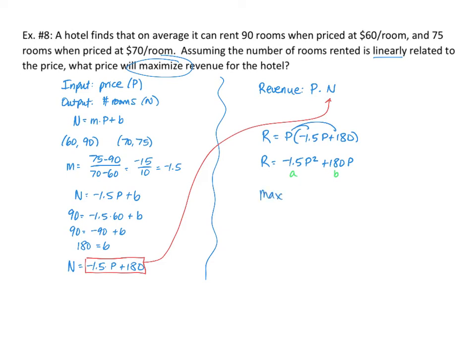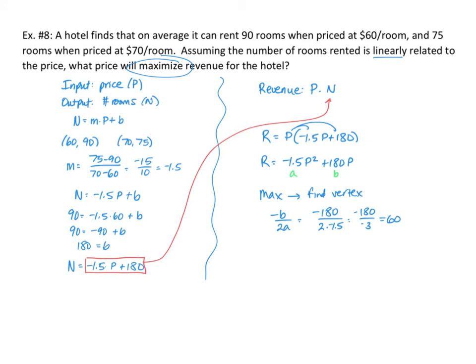So to find the max, we are going to find the vertex. We can use our vertex formula to do this. So the opposite of B all over 2A, so negative 180 all over 2 times negative 1.5. So we have negative 180 over negative 3 is equal to 60. So this is the input value in our revenue function.